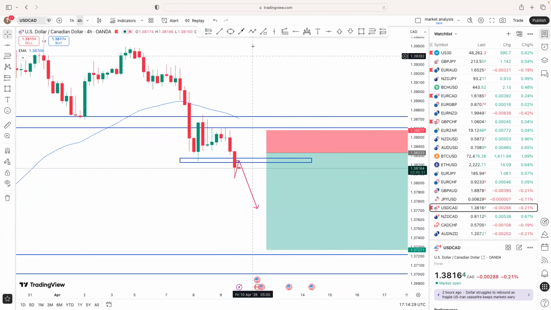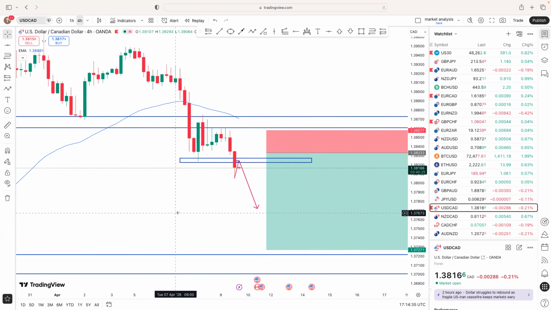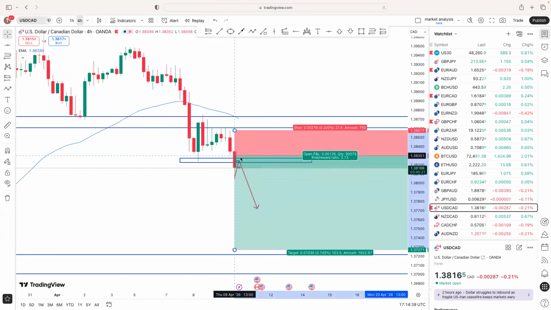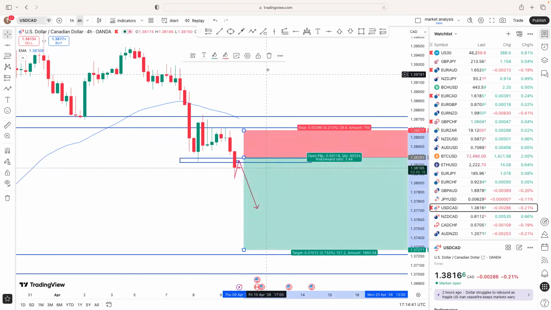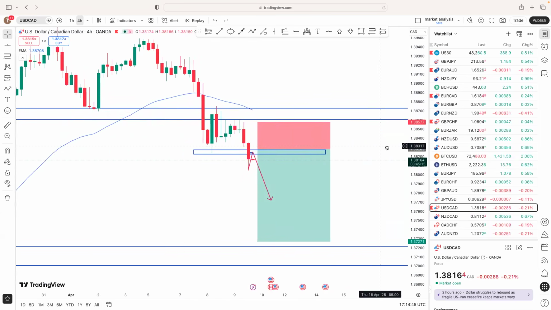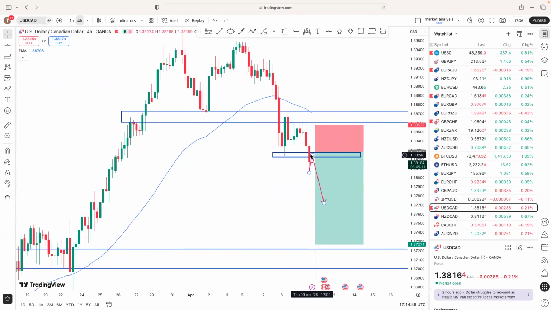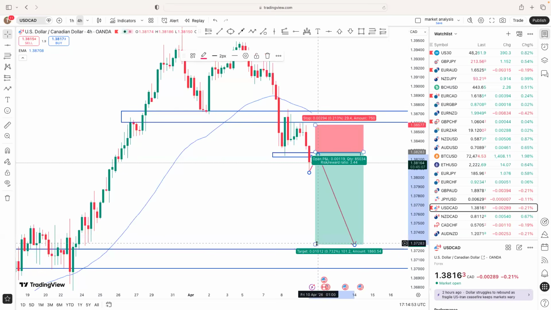Let's not wait for the market to come back to this area right here completely. Let's use that small particular area that you got on the 5 minutes. So this will be the entry point in terms of USDCAD. Yeah, that's all that I have. You want to be keeping an eye on it to find another entry.